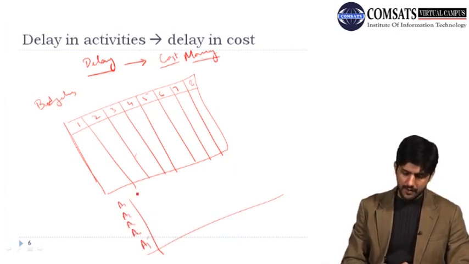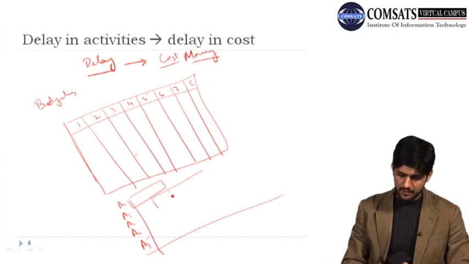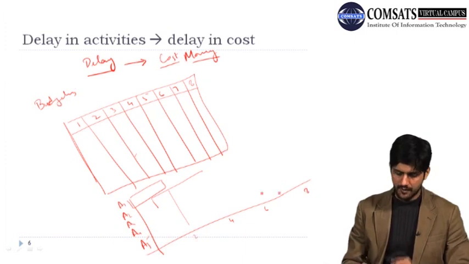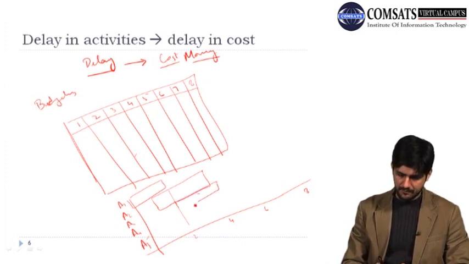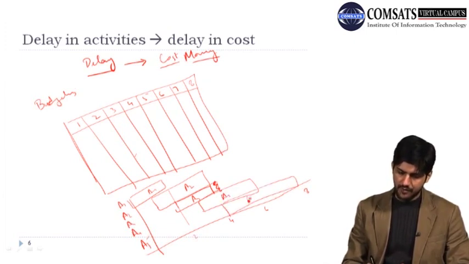We said that A1 is going to take 2 days, A2 is going to start here, and 2, 4, 6, and 8. So that was A1, A2, A3, and then we had A4 here, and then that was A4 and that was A5.